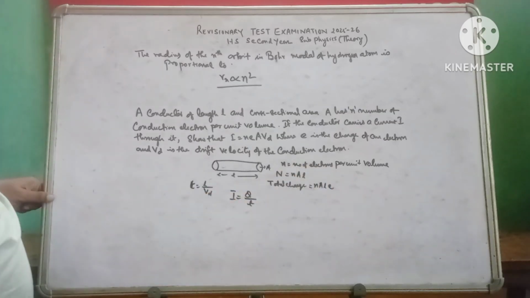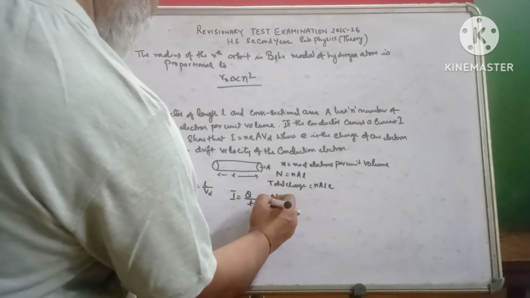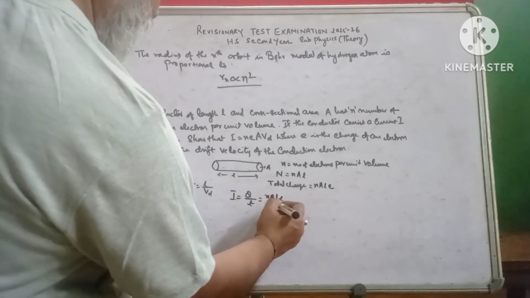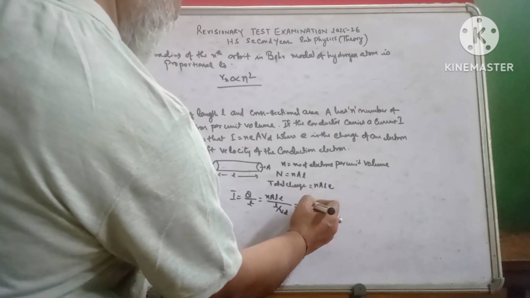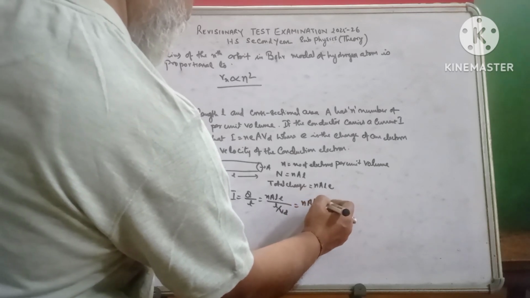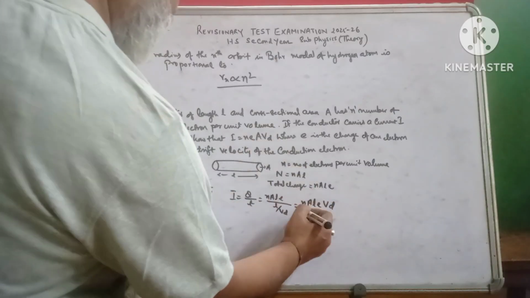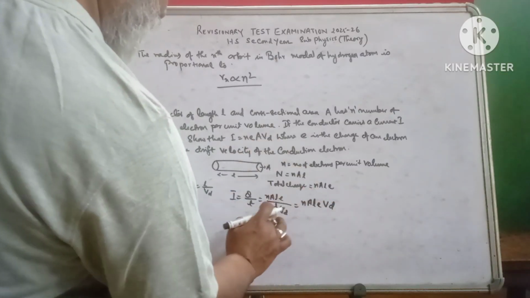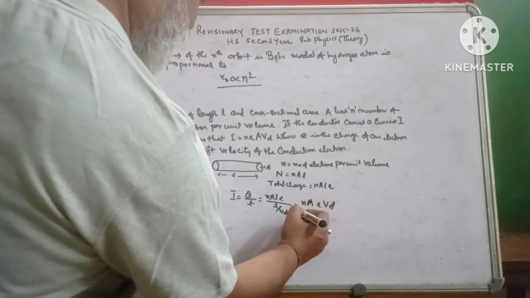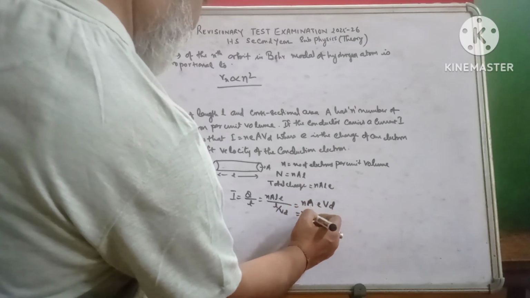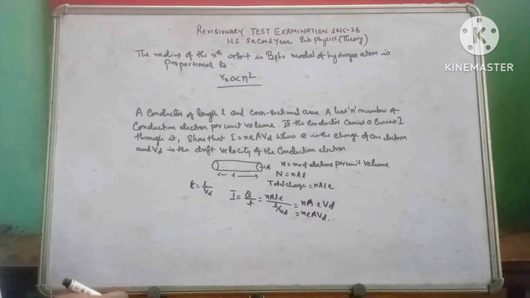Your total charge is n A L e, and your time taken is L by Vd. So I equals n A L e over L by Vd. L cancels out, so you can write this as I equals n e A Vd. So this is your derivation.